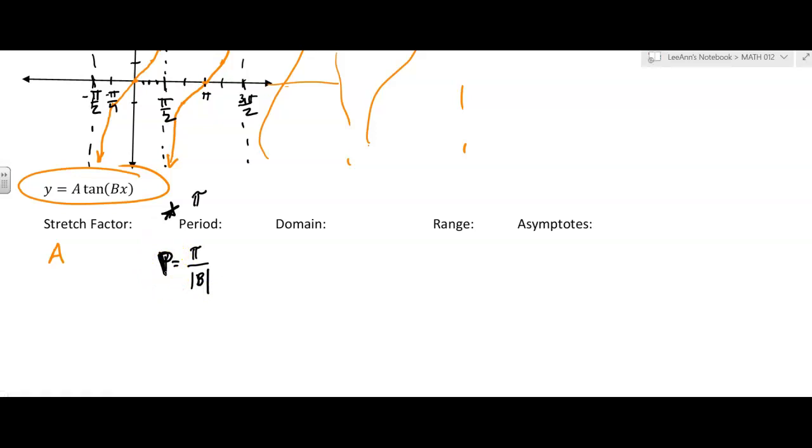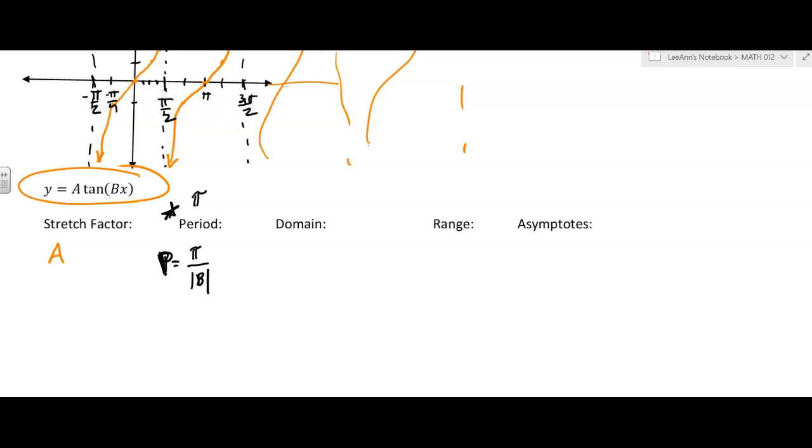Okay? Now the domain. Well, the domain's a little tricky here. So the domain is all real numbers, except you can't have pi over 2. Every time there's an asymptote, you can't have that.